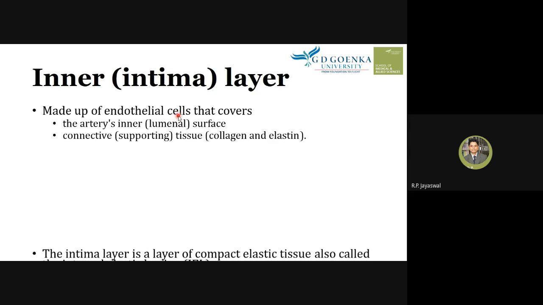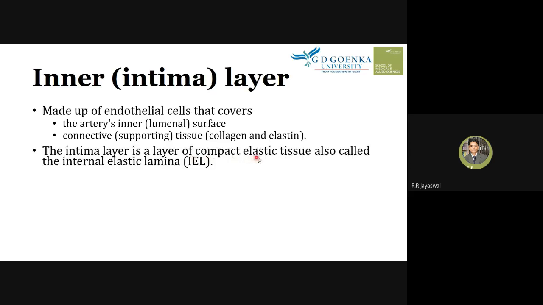Next, the intimal layer also contains a layer of compact elastic tissue, so it is called the internal elastic lamina. Why is it called the internal elastic lamina? Because it has compact elastic tissue, and because of this elastic tissue, the inner layer is highly elastic. It has the property of elasticity.